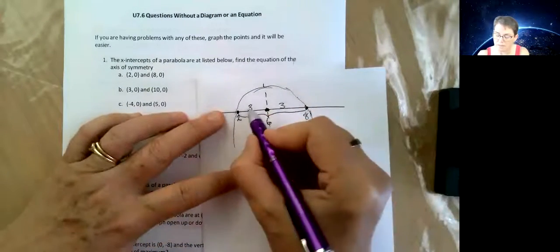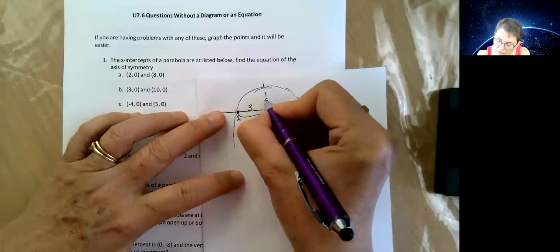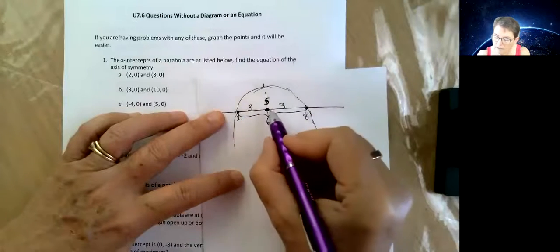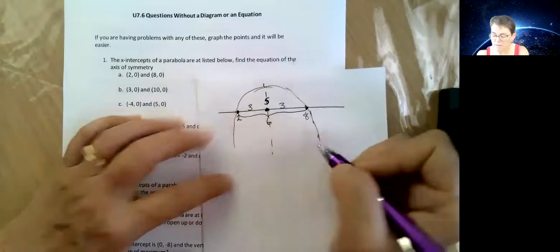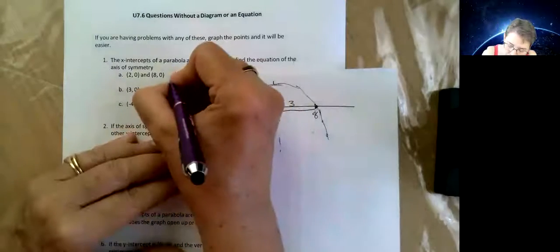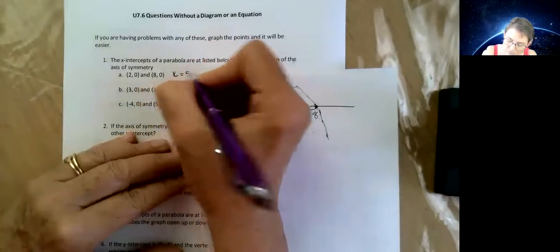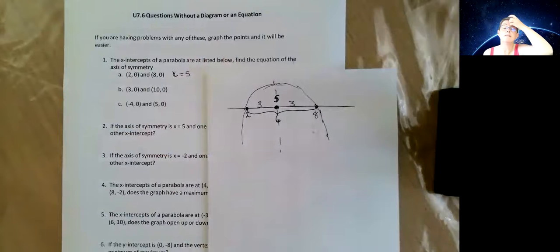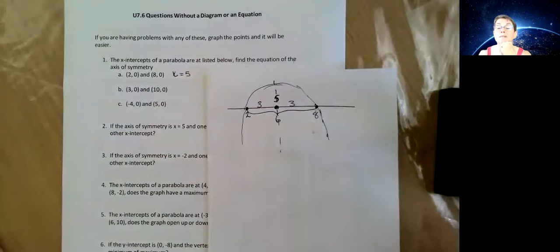So 2 plus 3 is 5. And 5 plus 3 is 8. So that checks out. So the equation is x is equal to 5. All you've got to do is find the midpoint of those 2 points. You could also average them. 2 plus 8 is 10, divided by 2 is 5.